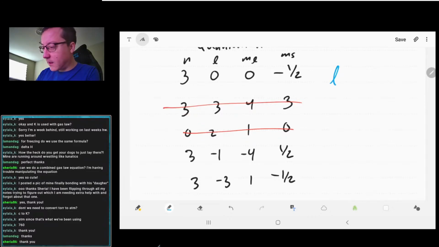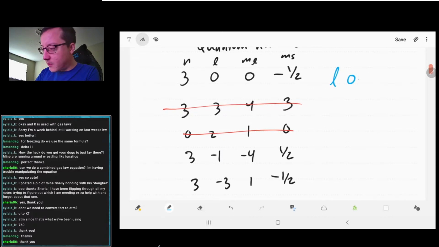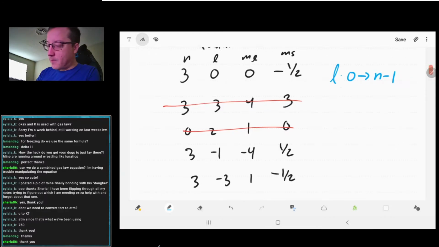So l can be from 0 to n-1, somewhere in that range. And m_l can be from negative l to positive l. There we go.